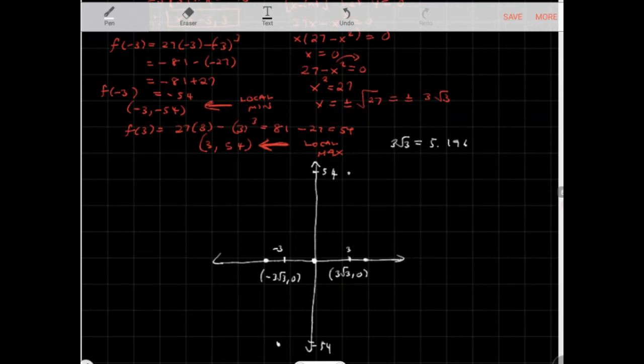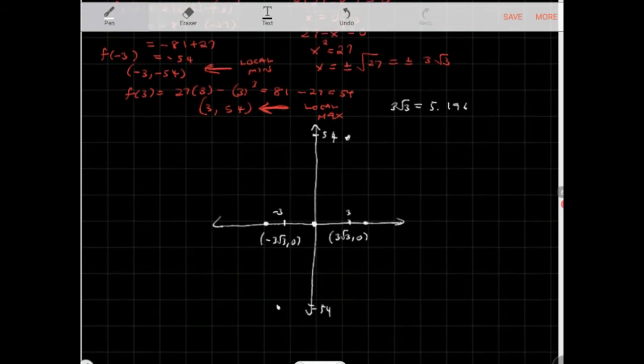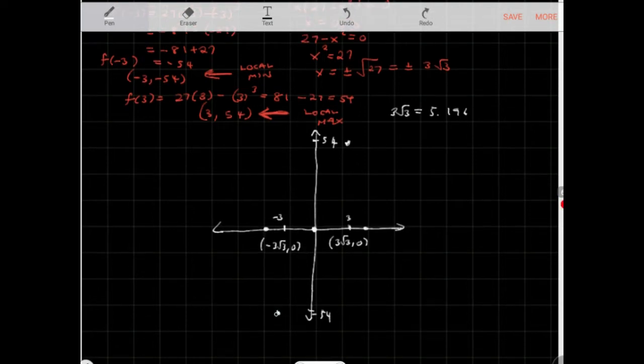And (3, 54). We know that we have an odd degree function. It's negative, so we would expect the graph to look like this. Once again, this is just a sketch, guys. It should curve out.